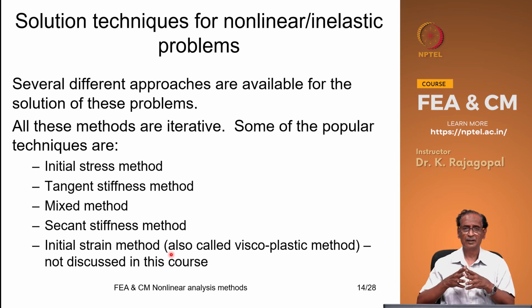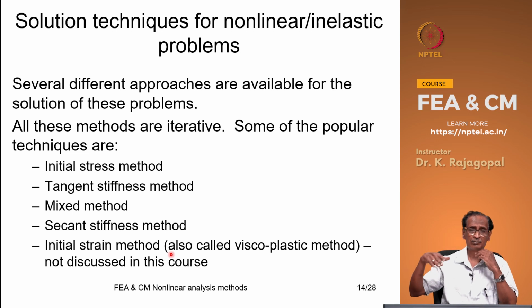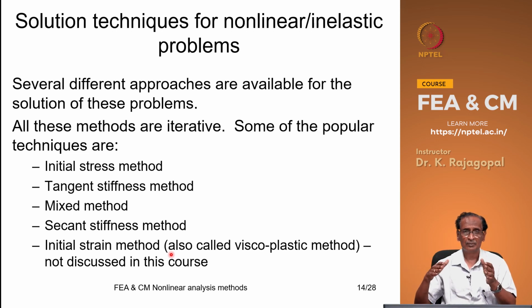Actually, in the initial strain method, we temporarily allow the stresses to exceed our yield limit, and then gradually dissipate them using some viscoplastic algorithm, and that excess stress leads to the creep strains.